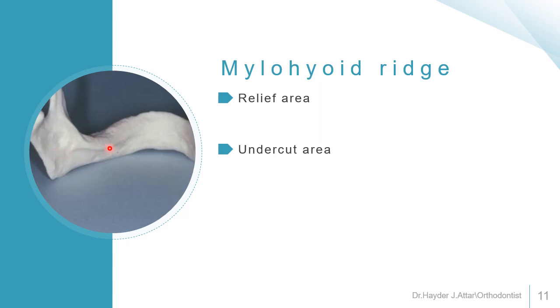This area is covered with a thin mucosa, and during the insertion of the complete mandibular denture, it may cause ulceration or sensation for the patient in this area due to the thin mucosa that covers the mylohyoid ridge. So it's regarded as a relief area of the complete denture. In addition, the undercut that lies inferior to the mylohyoid ridge may be important in the retention of the complete denture.